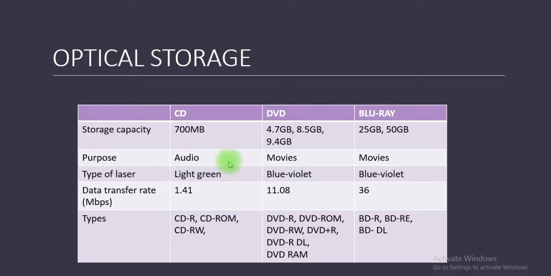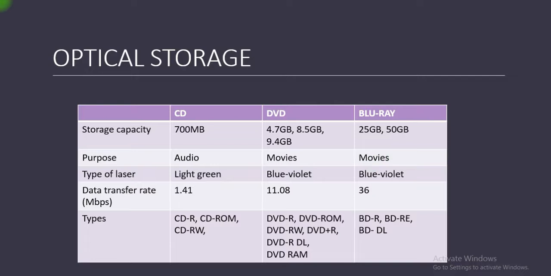The CD is designed primarily for audio content. The DVD and Blu-ray, on the other hand, are really designed for movies. Now, I don't know if you're wondering, if you have DVD, then why do we need to have Blu-ray? This is because of the increase in the quality of the movies, for instance.